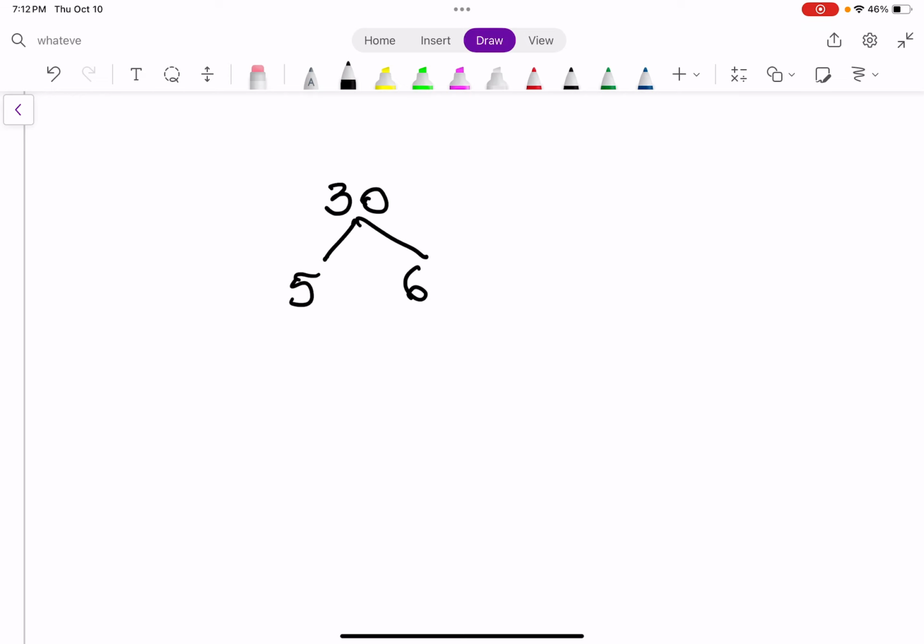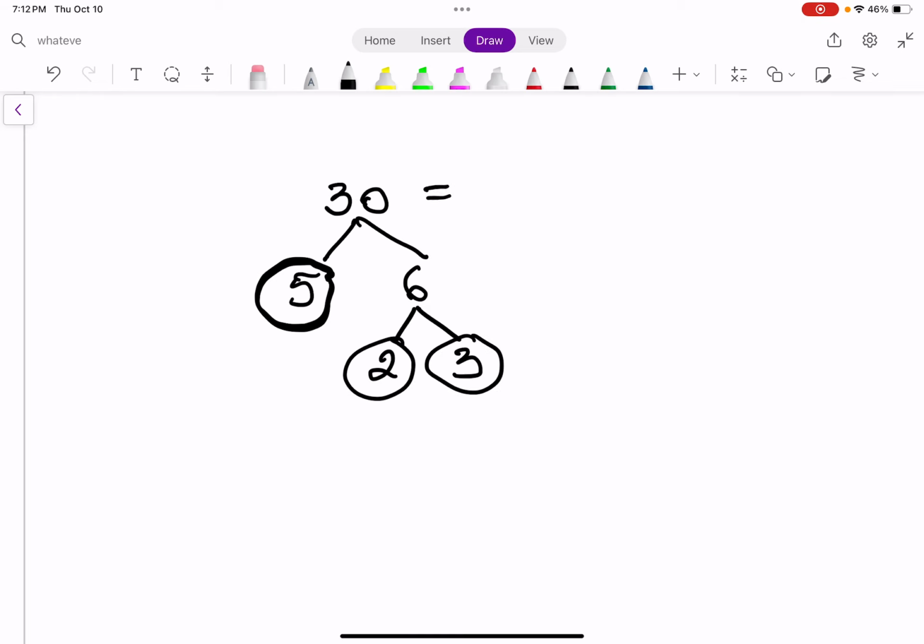Great. 5 has no other factors but 1 and 5. However, 6 can be factored out further into 2 times 3. Okay, so therefore we know that 30 is 5 times 2 times 3. Really, in any order, multiplication is commutative.